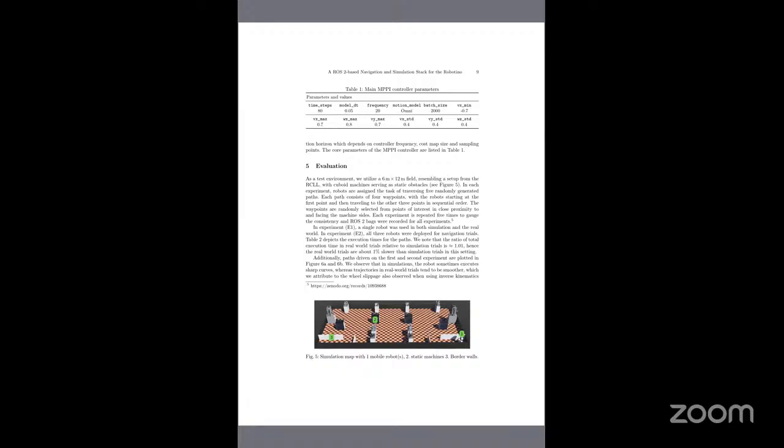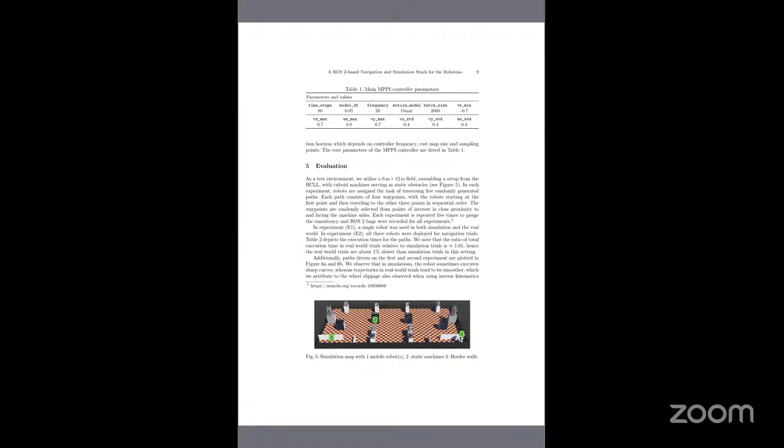So time step is equal to 80. Time step is equal to 80 means it will predict in 80 different small sections how the robot will move in future. So model DT 0.05 seconds means each prediction has an interval of 0.05 seconds.